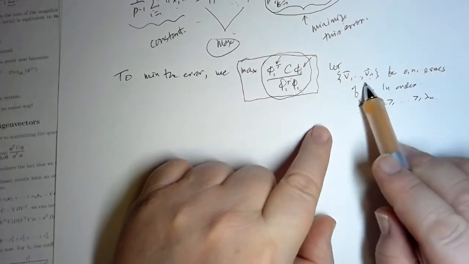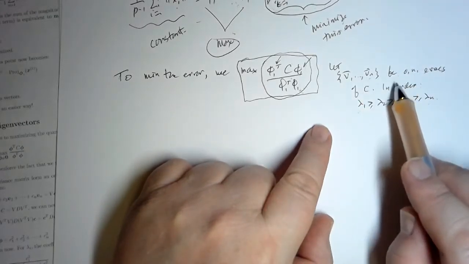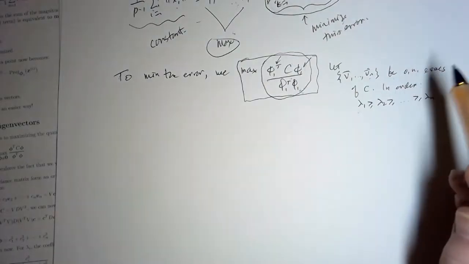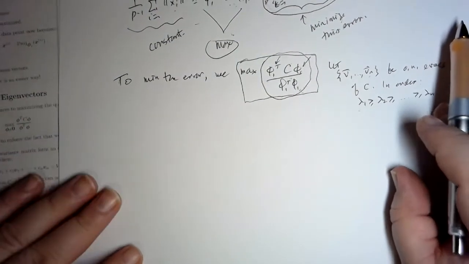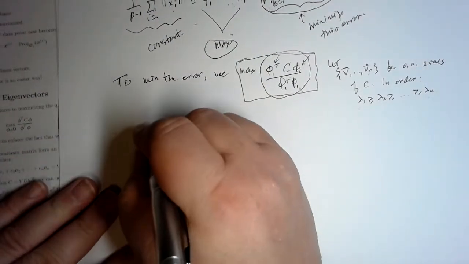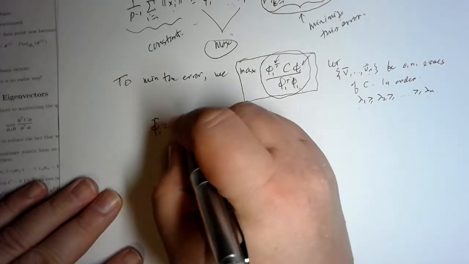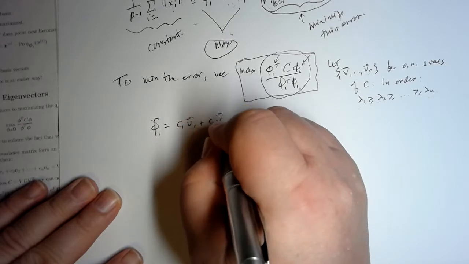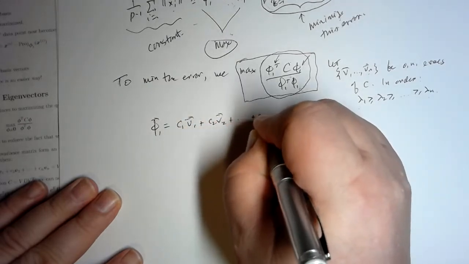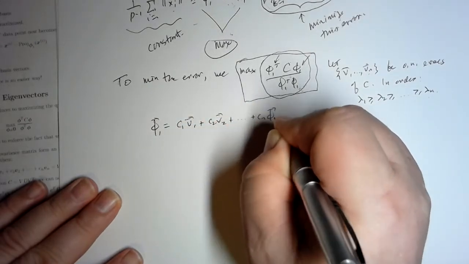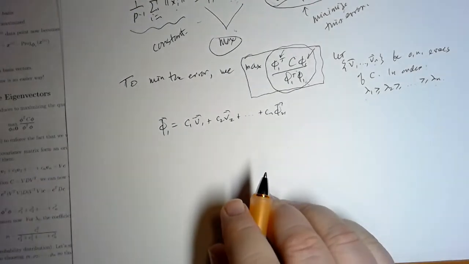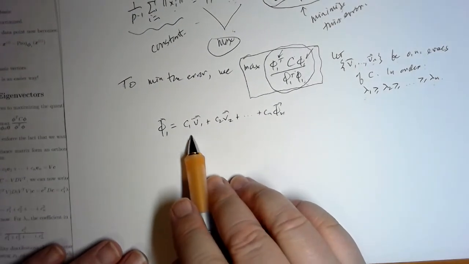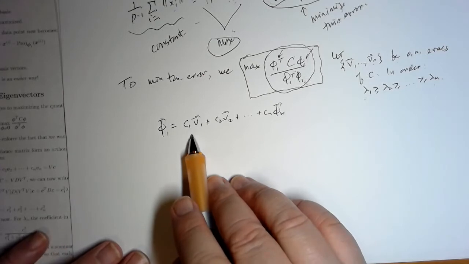Okay, because these are n orthonormal vectors in Rn, that means that they form a basis for that space. And so we can write phi1 as C1V1 plus C2V2 plus CnVn, right? And in fact, like we were saying before, we already know what the constants are.